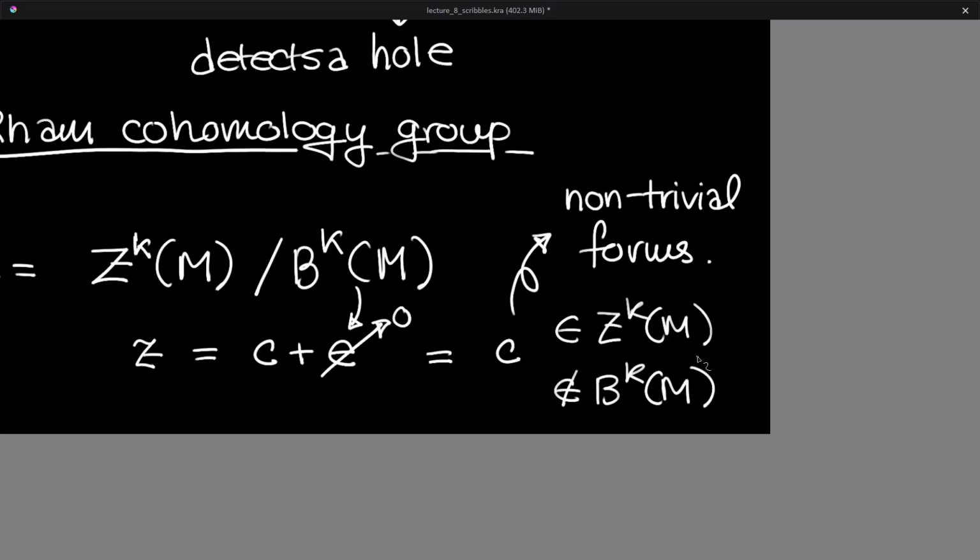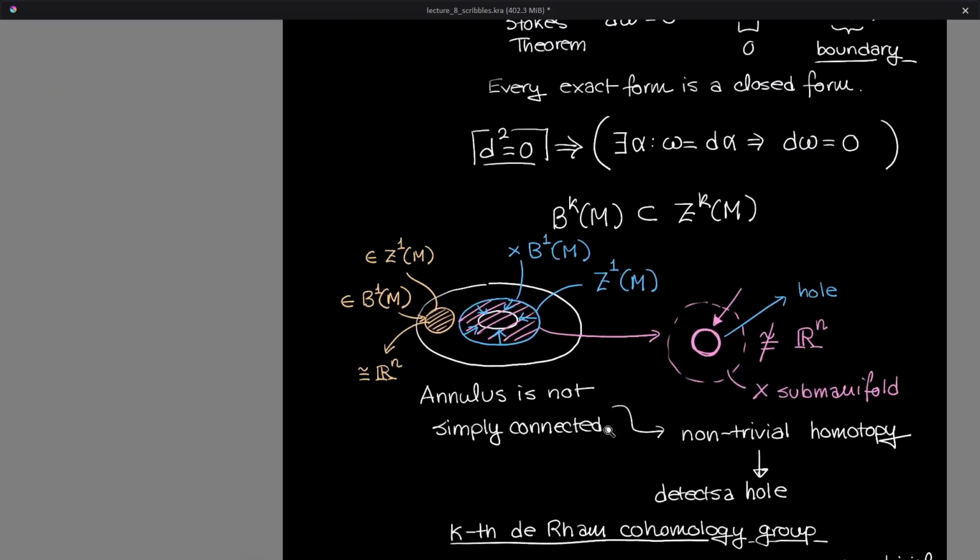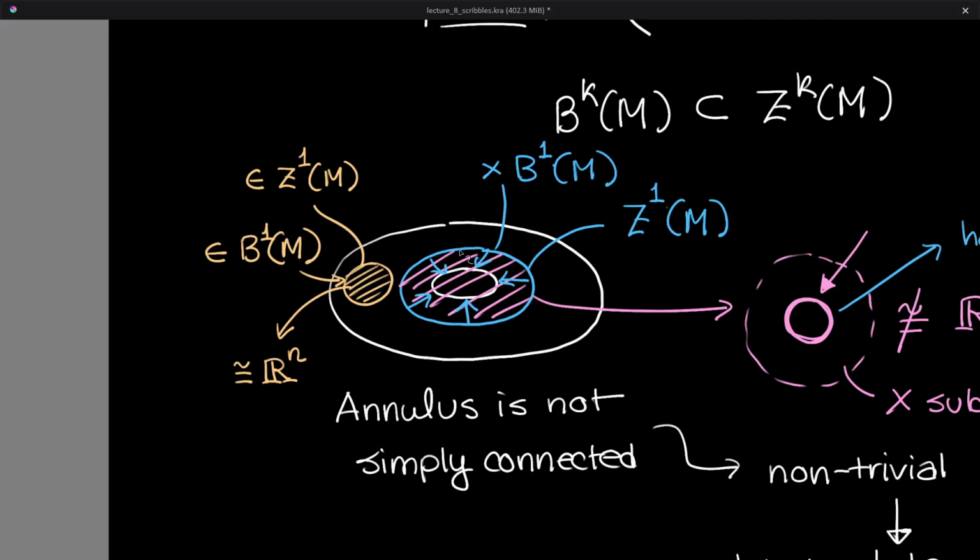So what is C? C is a differential form that detects a closed curve that we know for sure is not the boundary of some other submanifold. We know it's a closed curve because it's an element of Z^k(M). We know that it's not an element of B^k(M), which means that it's not detecting something that's the boundary of any other submanifold. This indicates that the form has detected a loop that cannot be shrunk into a point.